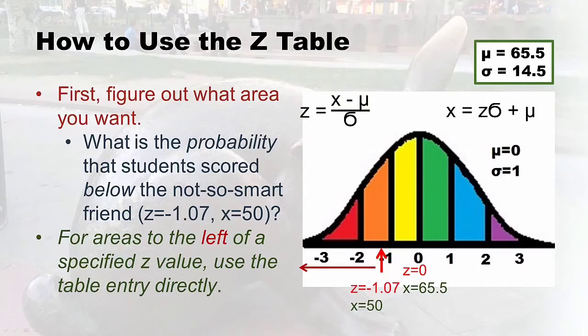Which is a secret way of saying, what is the area under the curve that makes up most of that orange part, all of the red, and the little black part at the bottom? What is that proportion? For areas left of a specified z value, you're supposed to use the table directly. I'm going to show you how to use that table to look up negative 1.07, and then I'm going to come back and tell you what they mean by use it directly.